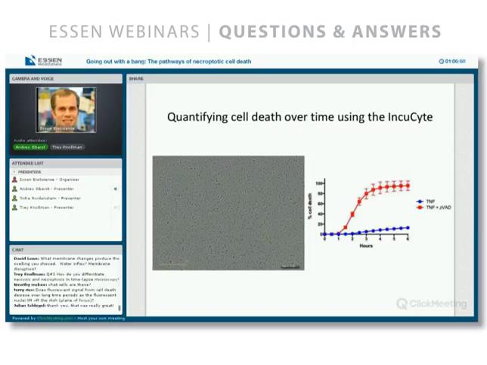Whereas in the IncuCyte, there is no movement of the plate itself, so the cells generally stay still and let you image them. This even works for suspension cells. We've had pretty good success getting quantifiable movies of suspension cells using the IncuCyte, again because the dish itself is completely stationary.